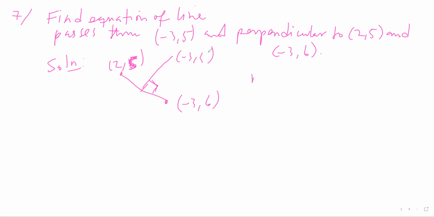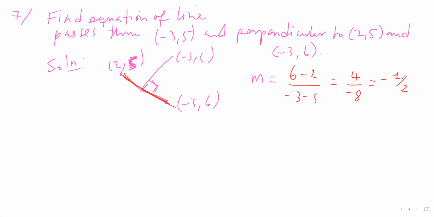So we find the gradient of this line that is joining 2, 5 and minus 3, 6. In that case, we have 6 minus 2 over minus 3 minus 5. And then this is 4 over minus 8. This is minus 1 over 2.